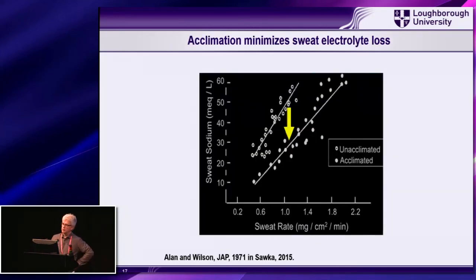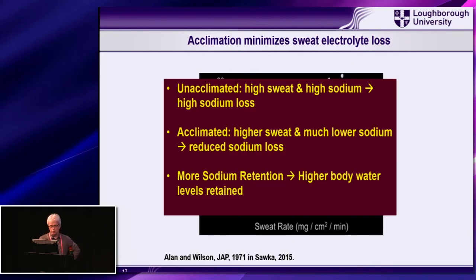A very important factor in acclimation is electrolyte loss. If you look at sweat rates and the electrolyte content, you will see quite a dramatic reduction in sodium content, in this case less than half. So if we start with unacclimated, you have a high sweat rate and high sodium content, which gives you a very high sodium loss, with issues if you do that for a long time.